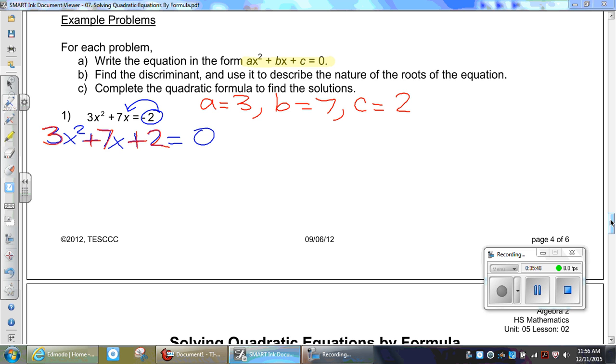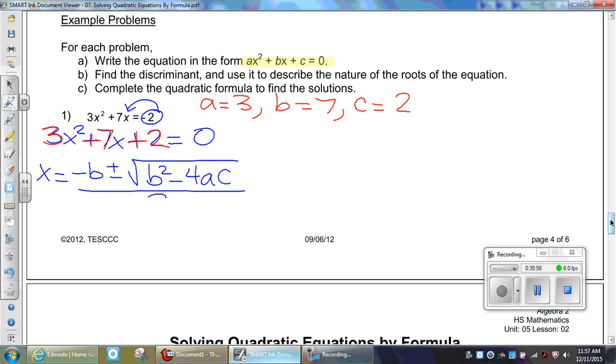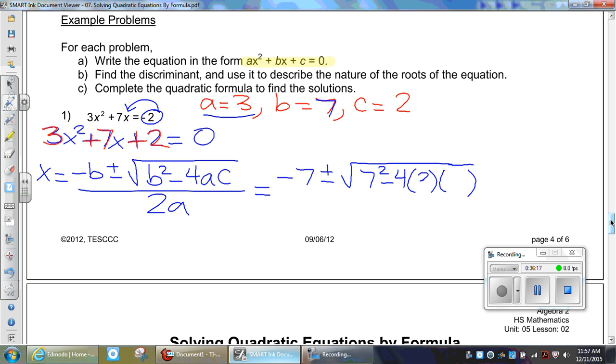Now we use the quadratic formula, which is negative b plus minus the square root of b squared minus 4ac, everything divided by 2a. So after substituting, we will get this. Negative 7 for b plus minus the square root of b squared. B is 7, so that will be 7 squared minus 4 times a times c. A is equal to 3, and C is equal to 2.